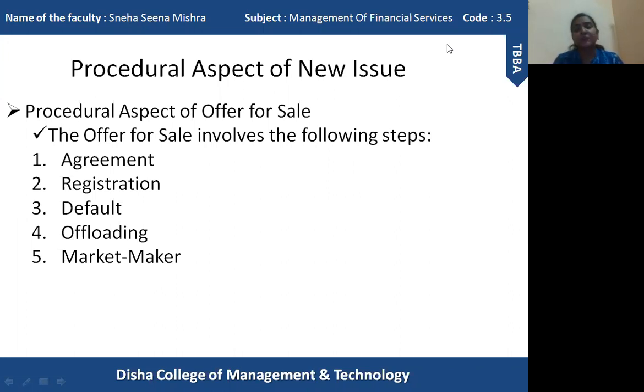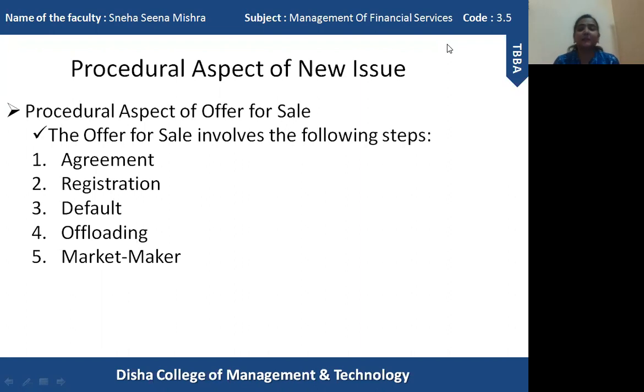Any type of default committed by the sponsor or the merchant banker needs to be properly mentioned or registered with the arbitration committee. This arbitration committee is set up by SEBI to take action regarding default committed by the sponsor. So the company needs to inform the arbitration committee regarding any kind of default committed by the sponsor.